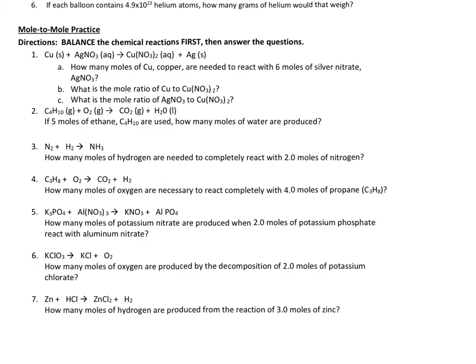We're going to do the first two together: the copper and silver nitrate one, as well as the methane and oxygen one. I'm going to take a second and balance those two, and you can check yourself. For the first one, we just needed to put a 2 in front of AgNO3 and a 2 in front of the Ag on the product side. So now we're all balanced, and we can take a look at these questions here.